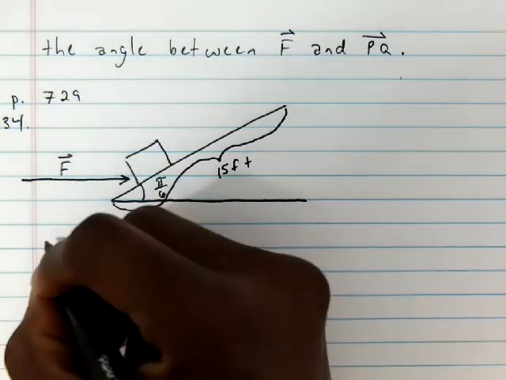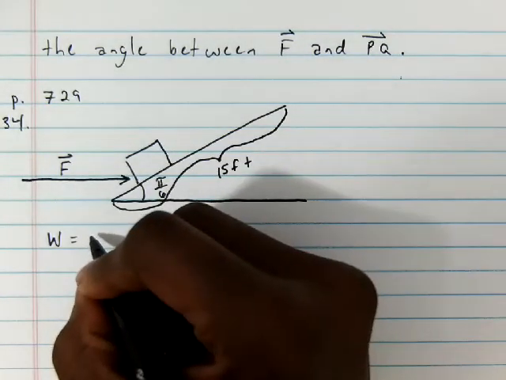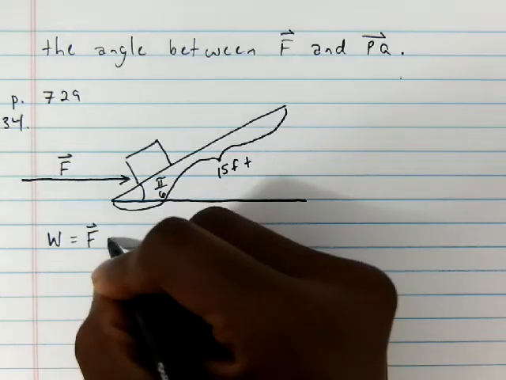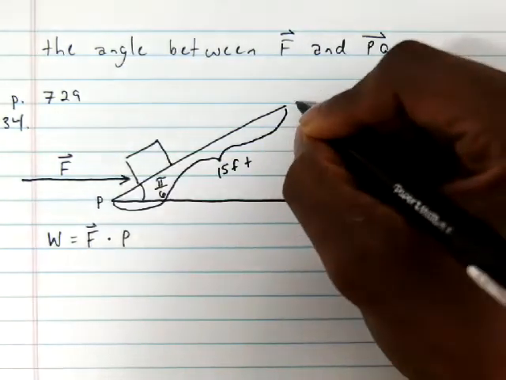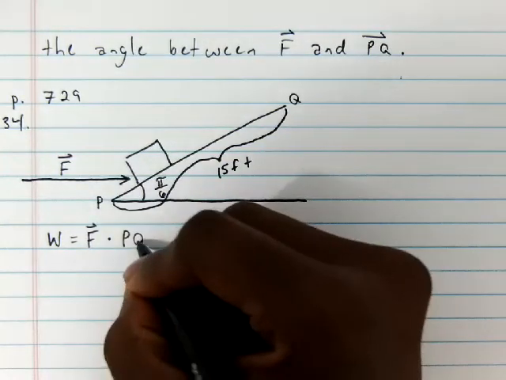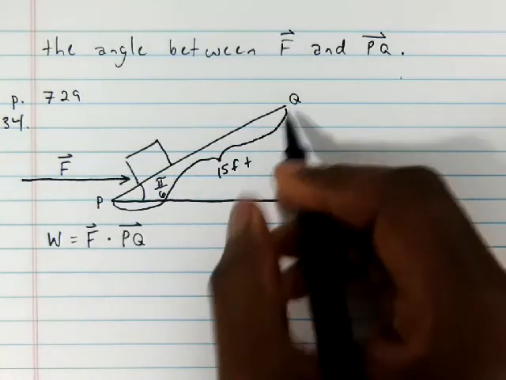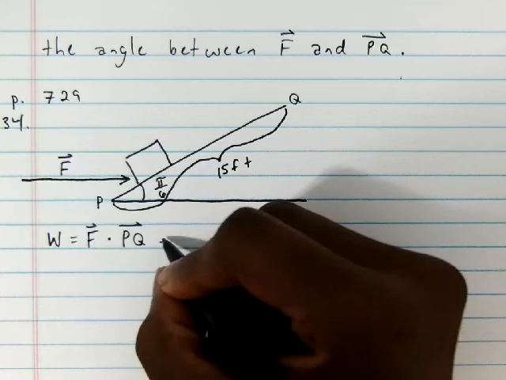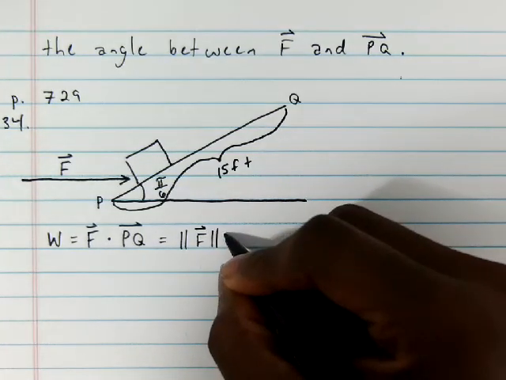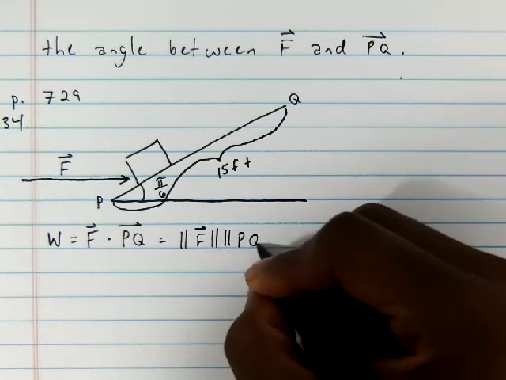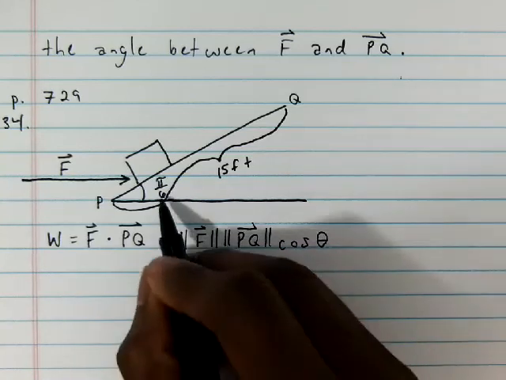So now the amount of work being done is, if we knew what F was, and we knew what PQ was, so where this is P and this is Q, then we would do the dot product that way. But we don't know what P is, nor do we know what Q is. We just know what this distance is. So it's easier for us to just use the magnitude of F times the magnitude of PQ times cosine of theta, because they gave us our theta.